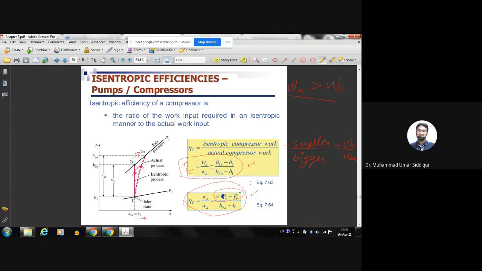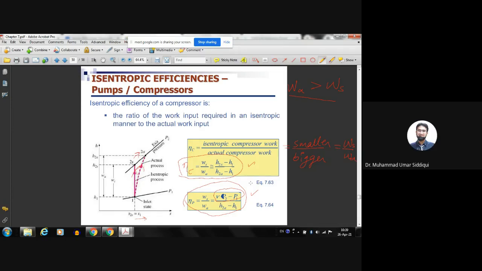Look, for the case of compressor, we need to supply work input, right? And this work input will be used to raise the pressure. Do you understand this thing or not? Yes. Okay. Now, if there are losses within the compressor and I need to reach a specific pressure, I need to provide more work input. Am I right? Because there are losses in the compressor. Yes. Okay.